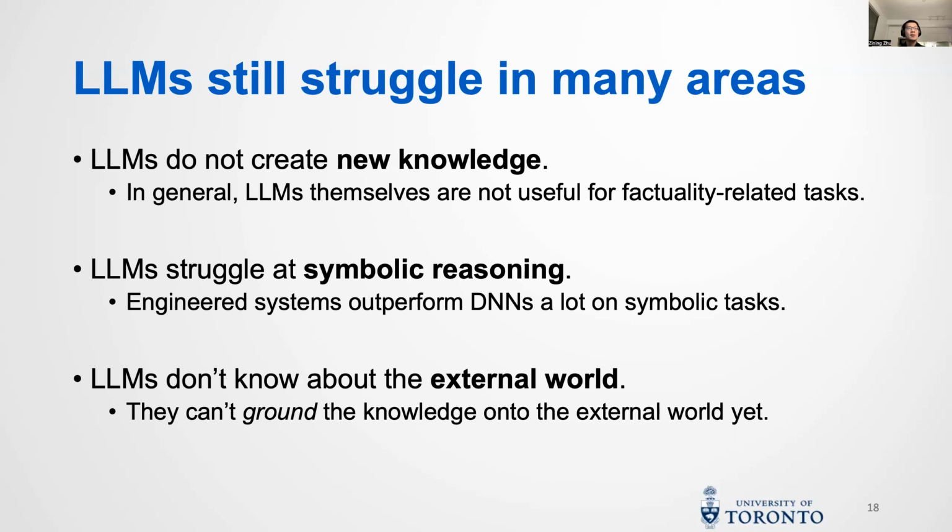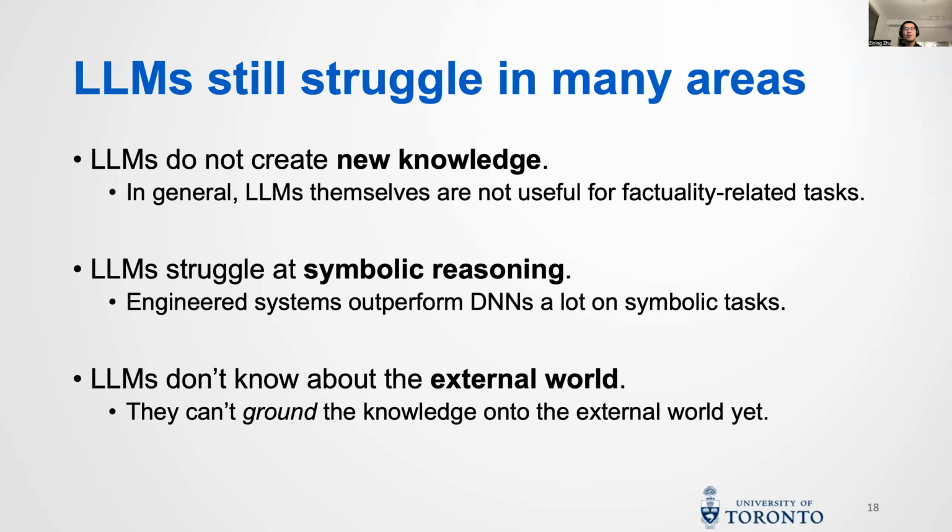Large language models struggle at symbolic reasoning. Humans are able to perform very complex symbolic reasoning. But in general, large language models do not outperform the engineered systems on symbolic reasoning tasks. Additionally, large language models do not know about the external world. By external, I mean the real world, the physical world that we humans live in.